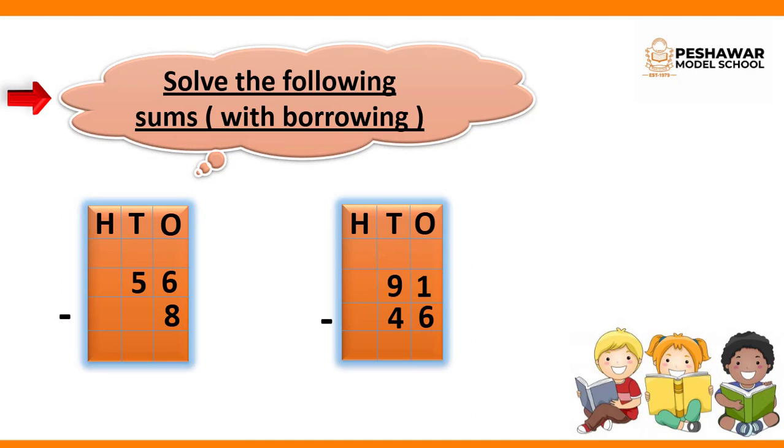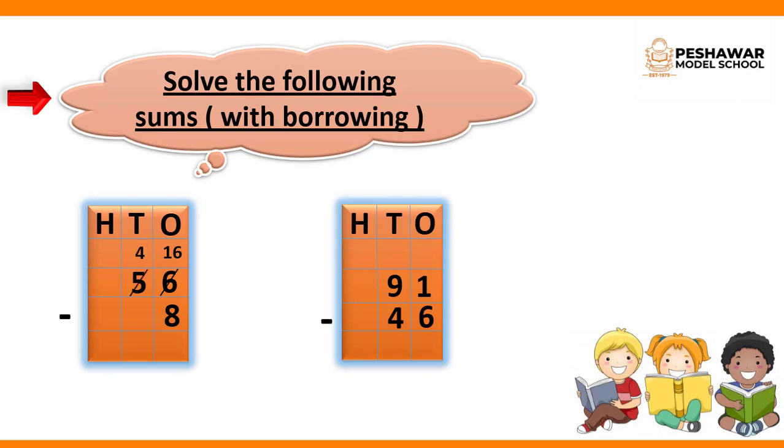Now let's find the difference of the following with borrowing. Question number 1: 56 minus 8. We start subtracting from the ones place. In the ones place we have 6 and 8. Dear students, we can't subtract 8 from 6. Now what do we have to do? We borrow 1 from 5, so 6 becomes 16 and 5 becomes 4.